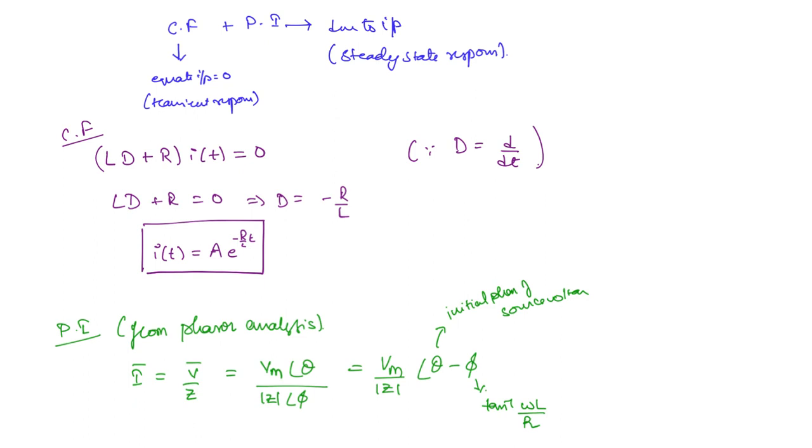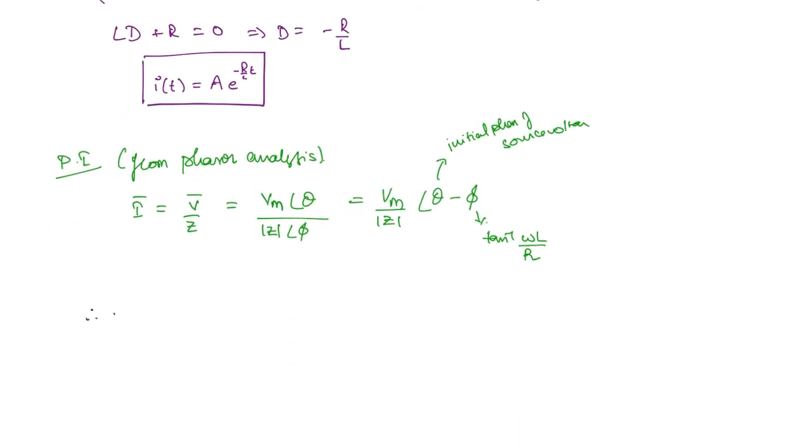Now the actual output will be the sum of this complementary function and particular integral. Okay. So therefore I of t is equal to complementary function plus particular integral, which is equal to A e to the power minus Rt by L plus Vm by mod Z sin(omega t plus theta minus phi), right?